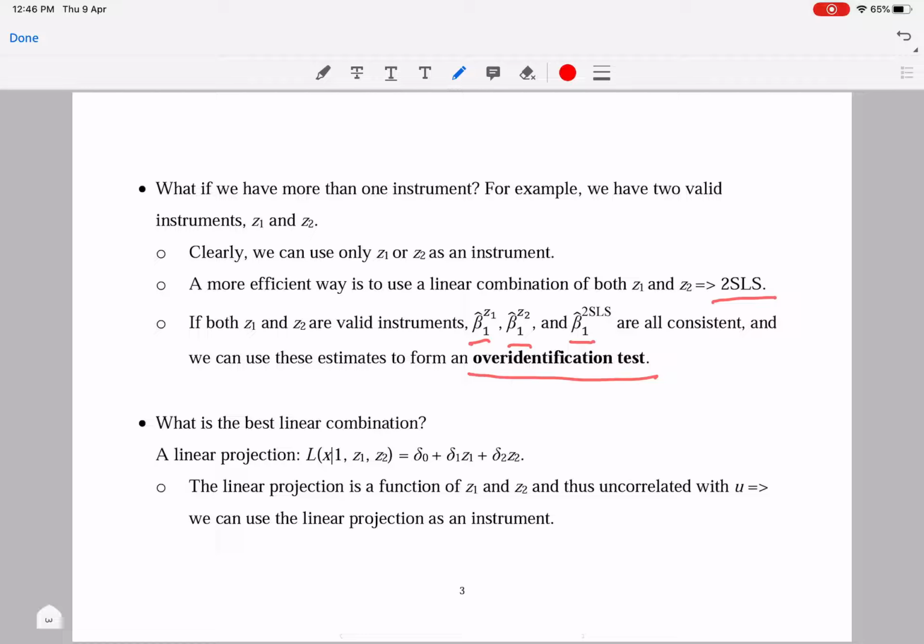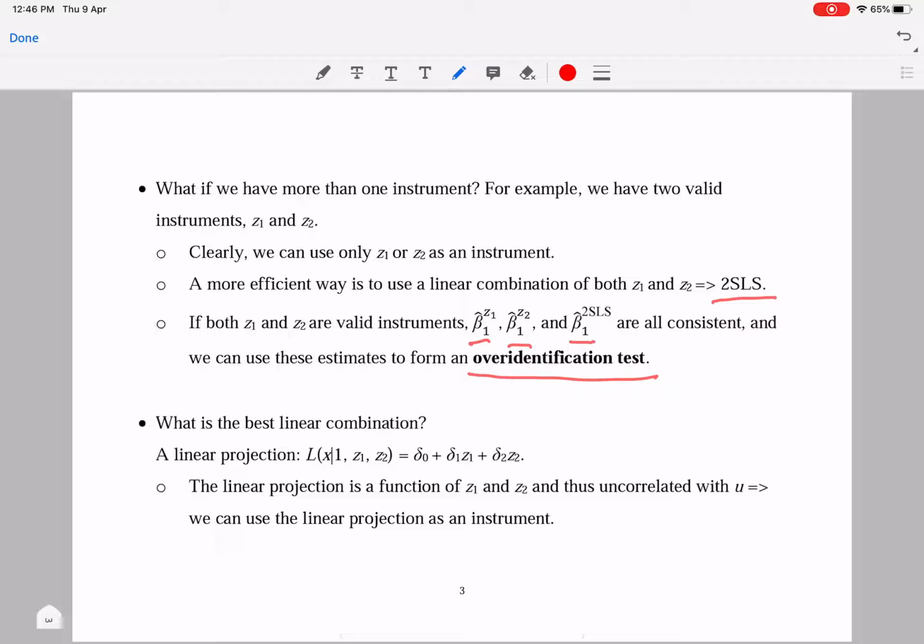First of all, it is possible that both Z1 and Z2 are endogenous, but they are biased in the same direction. So your IV estimates from Z1 and Z2 are the same, but they are both wrong.